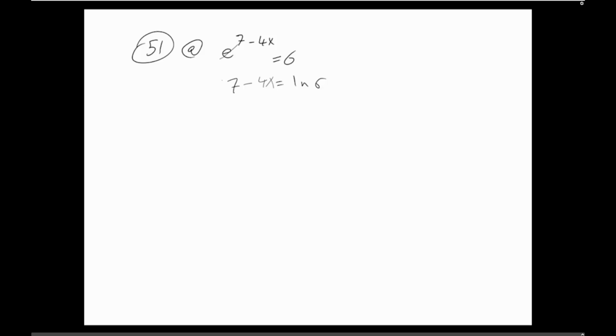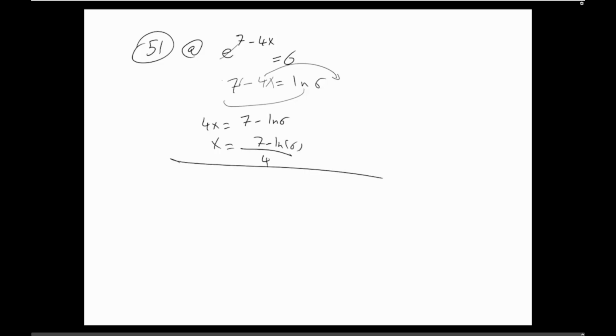So we're gonna first take it to the other side and bring the 6 to this side. So we will end up with 4x equals 7 minus ln 6, and then we're gonna divide by 4.